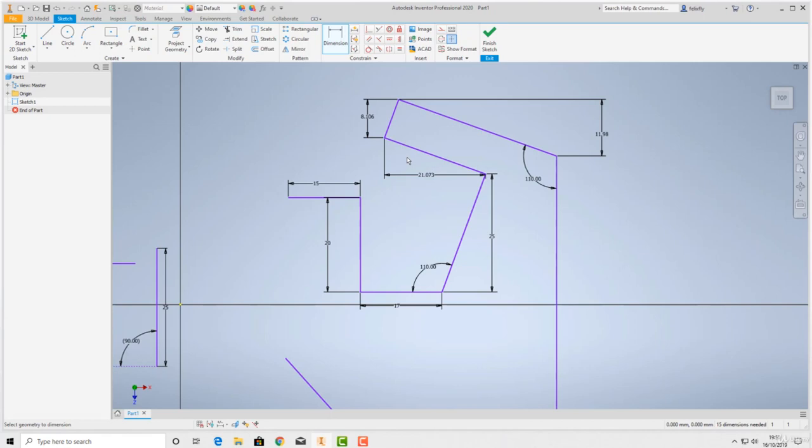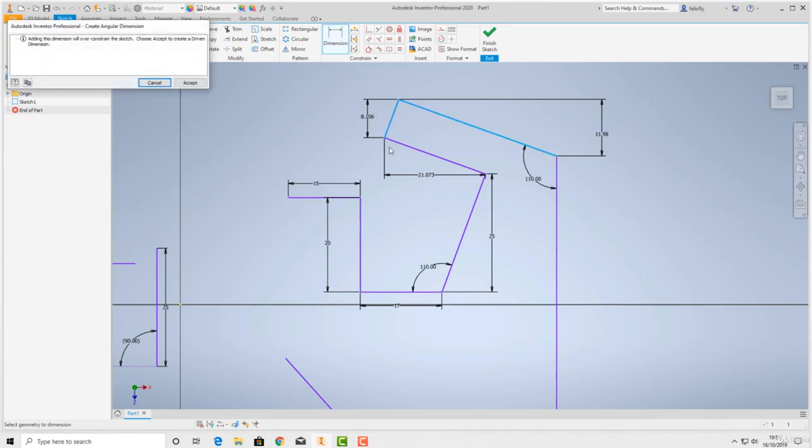There. So this now is what they call fully constrained. These lines are not going to be moved by the software because we've told it specific lengths and angles and constraints. And you might have noticed what I tried to do is put a 90-degree dimension angle there.